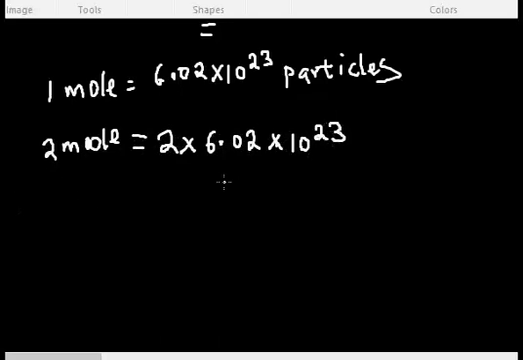So that means the number of particles is going to be the number of moles times Avogadro's constant.